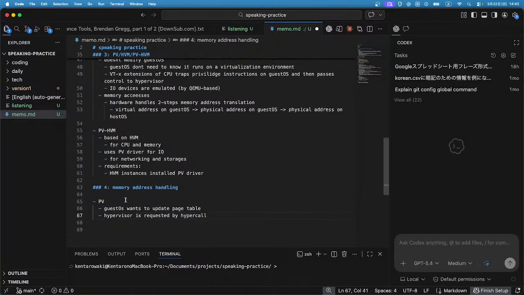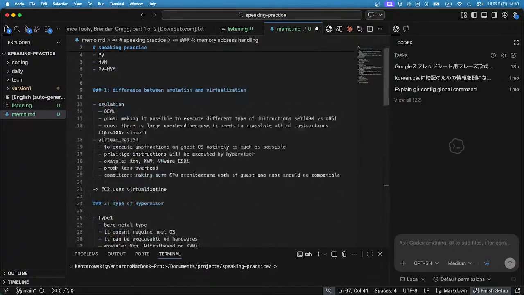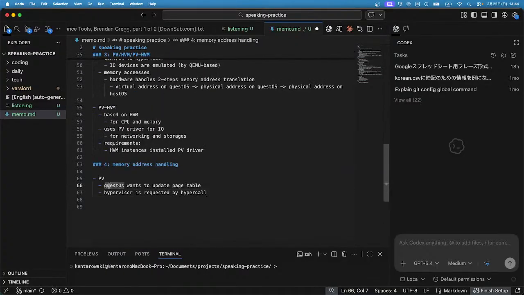As we saw, in PV type of virtualization, the kernel of guest OS is modified, and some types of instructions use hypercall in order to pass control to the hypervisor, right?